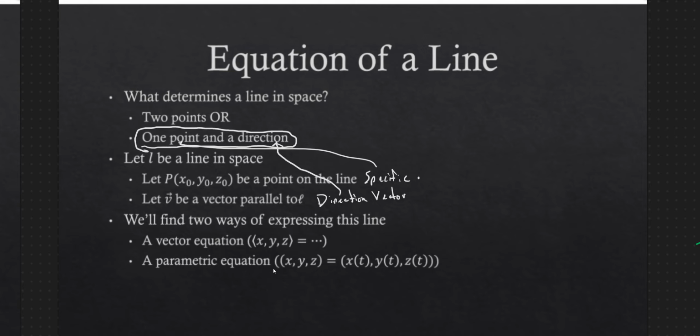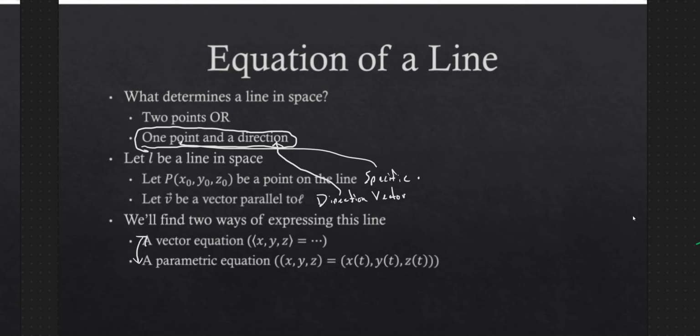The other is a parametric equation, where x, y, z equal some function of t for the x coordinate, some function of t for the y coordinate, and some function of t for the z coordinate. There'll be an easy way of going back and forth between these two, but we'd like to be able to do both because both have their purposes.